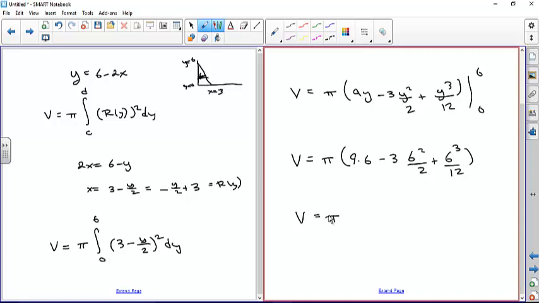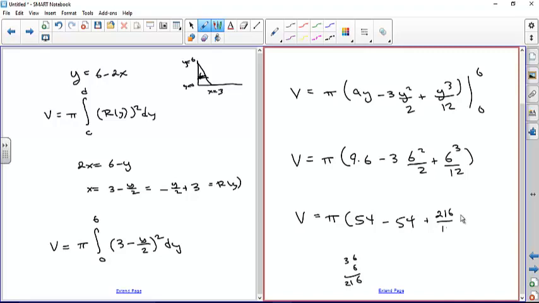Okay, so you'll get 9 times 6 is 54. Here we have 36. Divided by 2 is 18. So this is 18 times 3, which is 54. And then the third one is going to be 6 cubed. So 6 times 6 times 6 is, 36 times 6, 216.